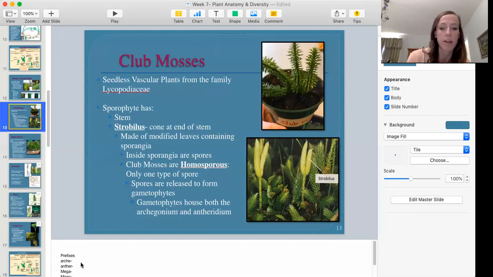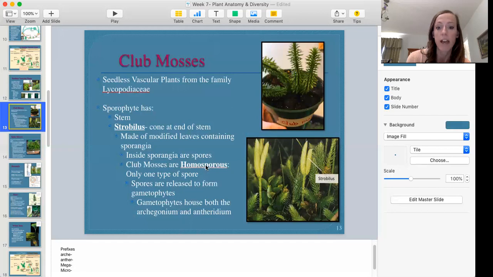I bring this up because in the next slide that we will look at, you're going to start having to pay attention again to the prefixes that I mentioned. Archegonia and antheridia, we had talked about, where archa is the female structure and anther is the male structure. That prefix will indicate the structure.